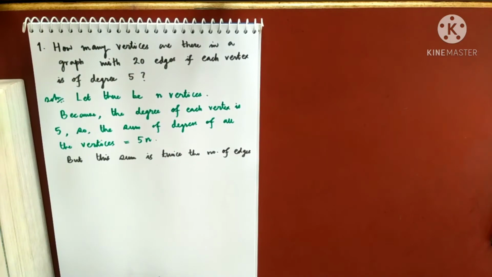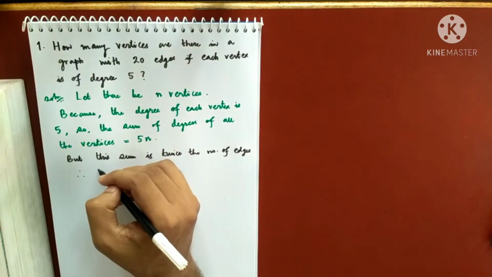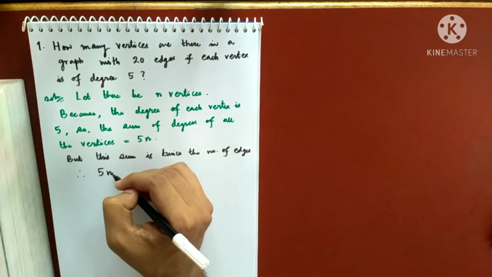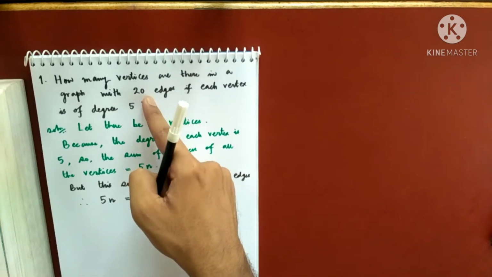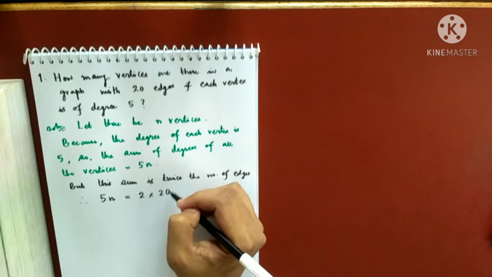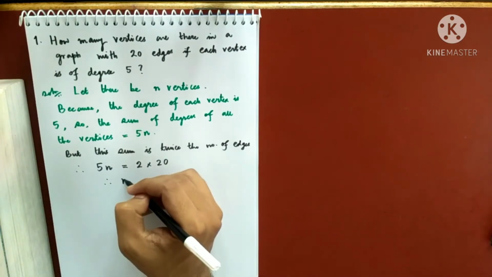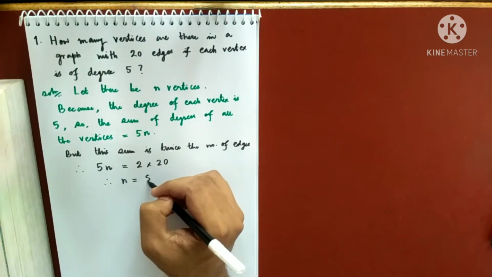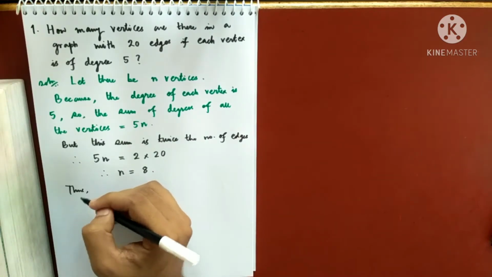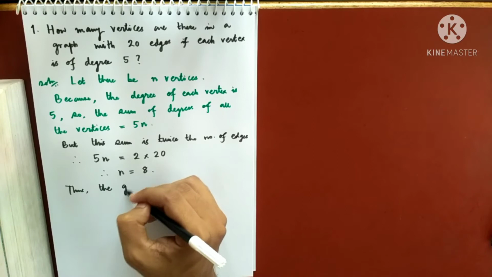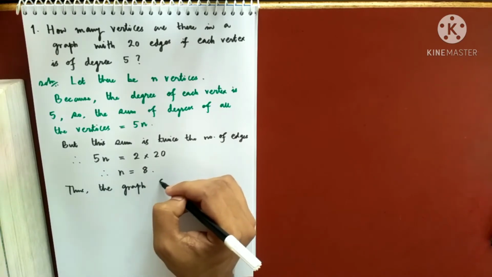Therefore, my sum of degrees of all the vertices is 5n, and that should be equal to twice the number of edges. The number of edges is 20. So this implies n equals 8. Thus the graph has 8 vertices.